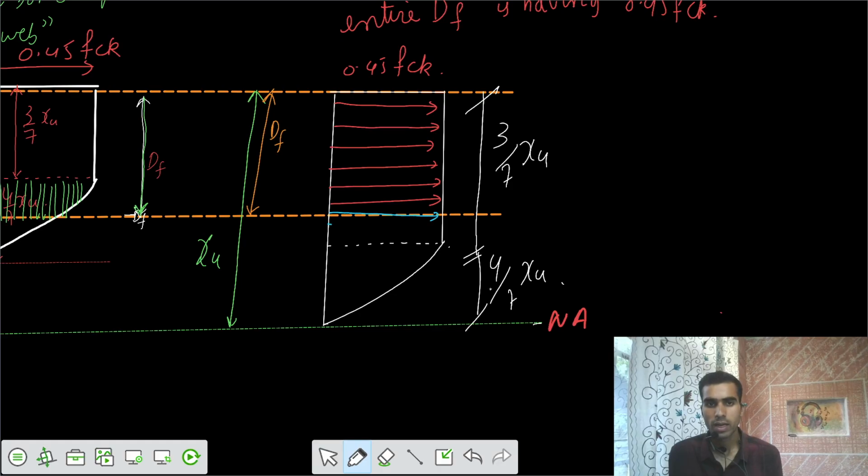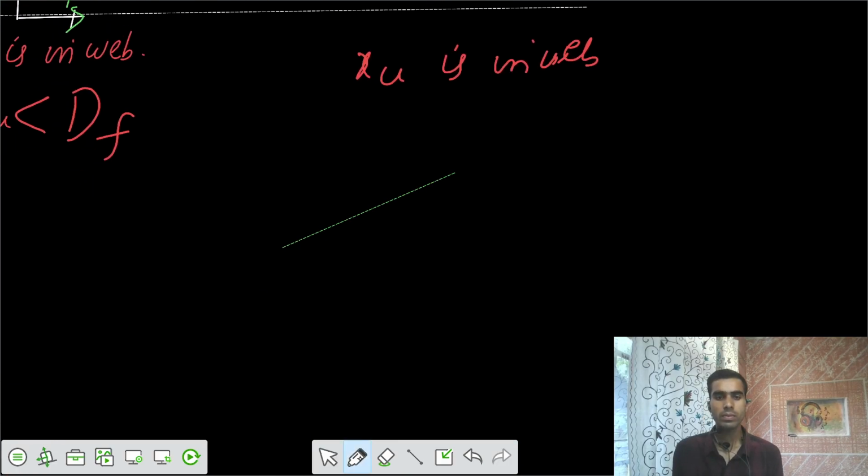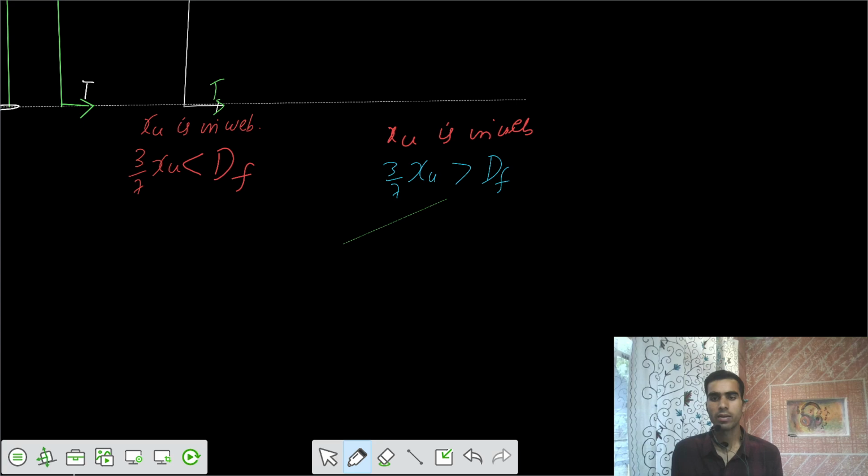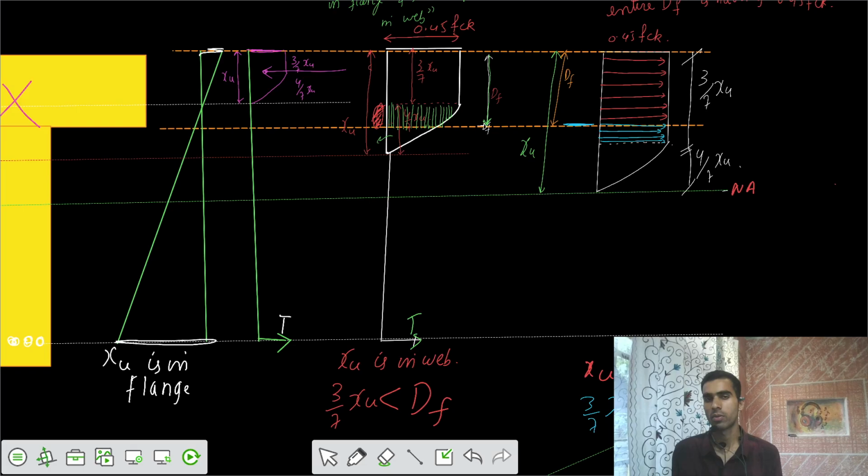If this is the DF line, even below this DF line we can have a constant stress variation. So I would say 3/7 of XU is greater than DF. So we had three different cases, and based on these we had three different analyses. So three different kinds of problems we can take.